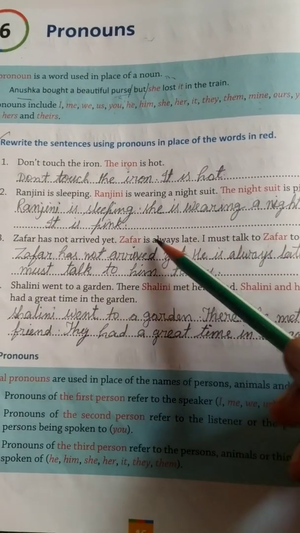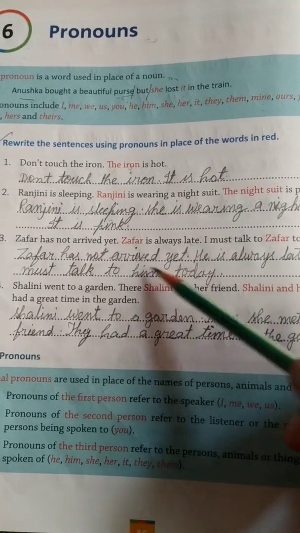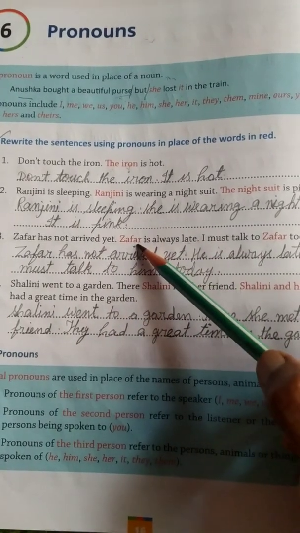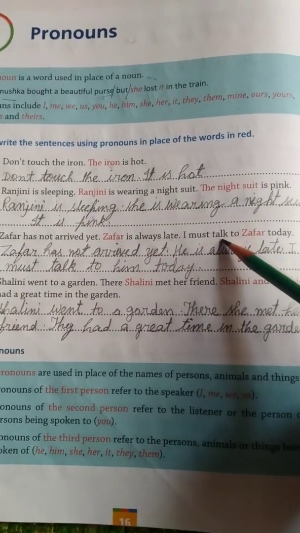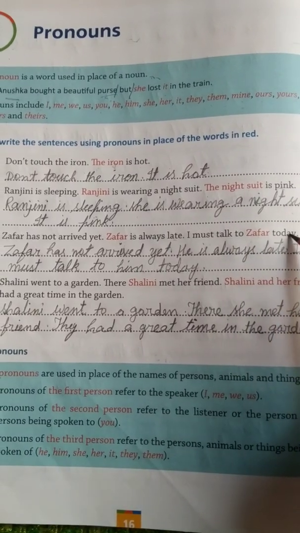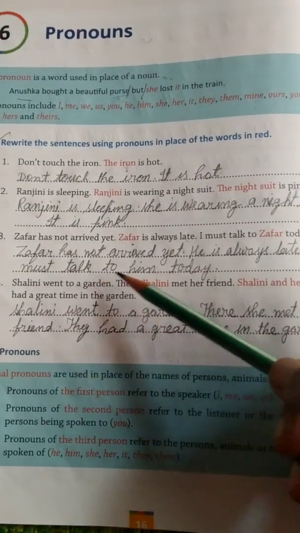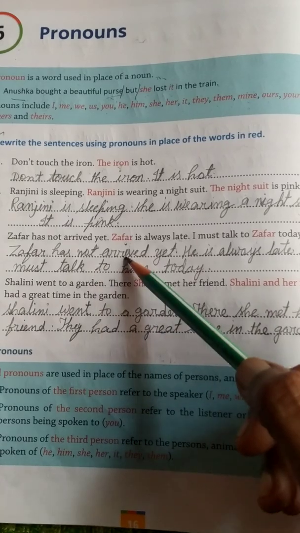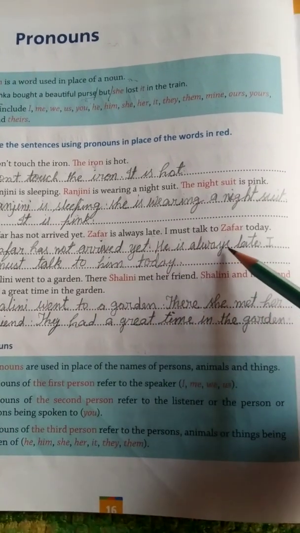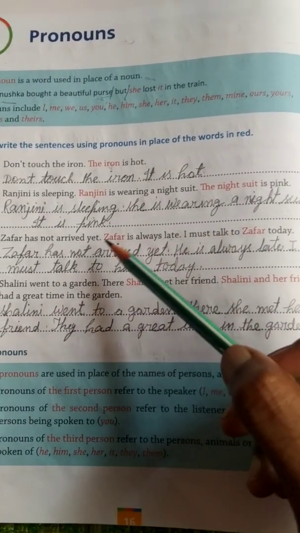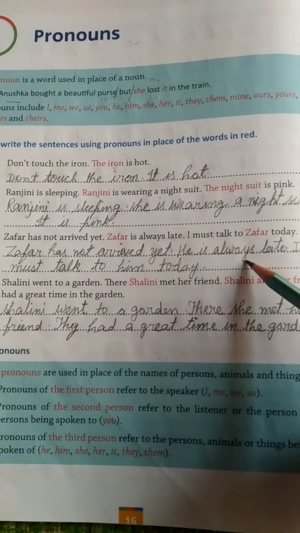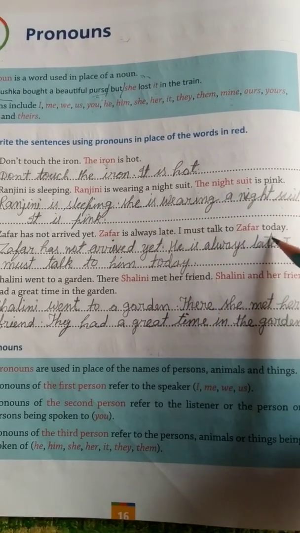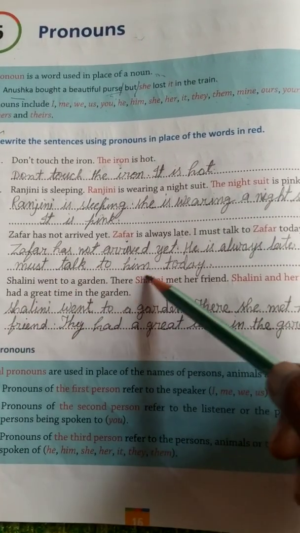Okay, Zafar is always late, so we use he in place of Zafar. And in I must talk to Zafar today, here we write him. Zafar has not arrived yet. He is always late. I must talk to him today.